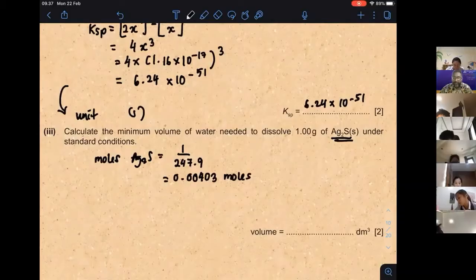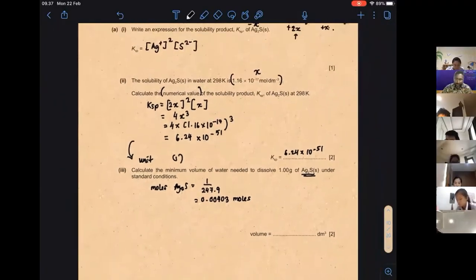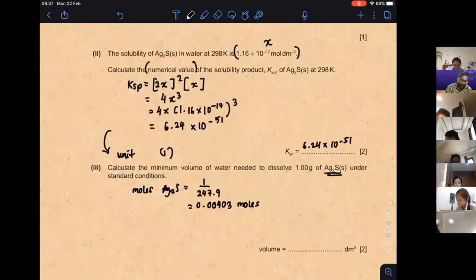Now, using this number of moles, I need to calculate the minimum volume required to dissolve this. We are not looking into the Ksp, we are looking into the solubility. We have to use the solubility data. The solubility data is 1.16 times 10 to the power negative 17.